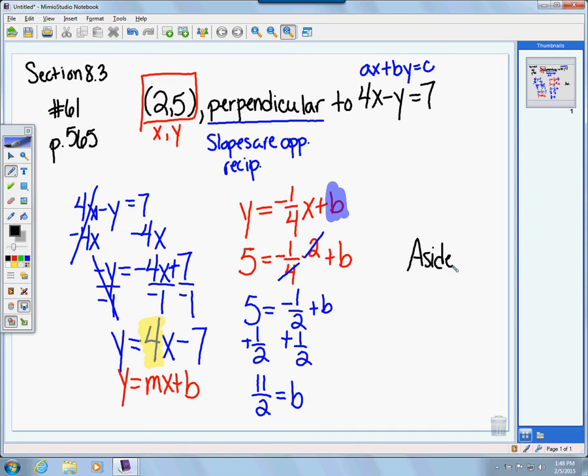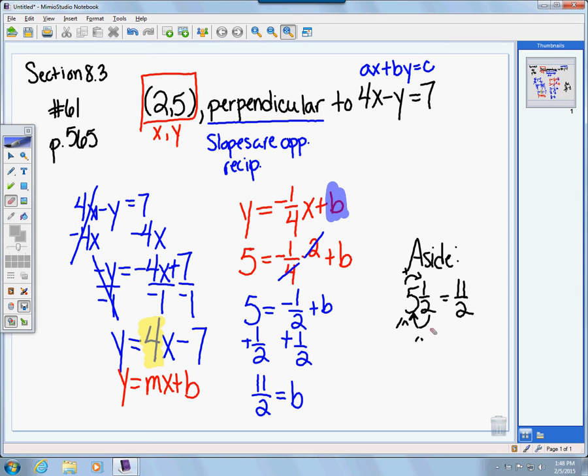If you have 5 and 1/2, recall that if you multiply the 5 times the 2 and then add your product, you would get 10, and then you would add 1 to it, so this becomes 11/2. So that's why my y-intercept is 11/2, or 5.5.